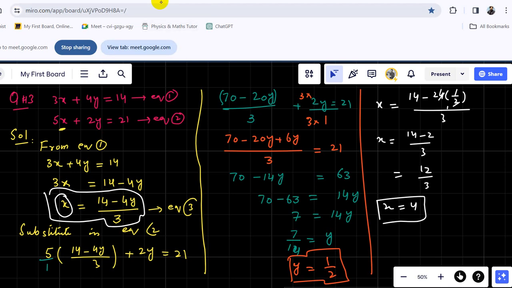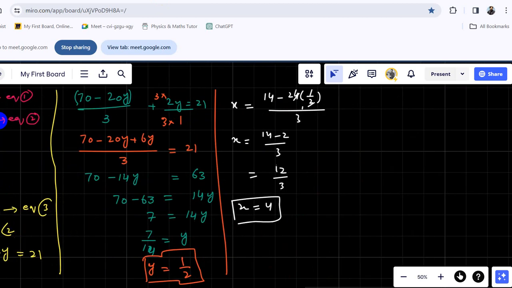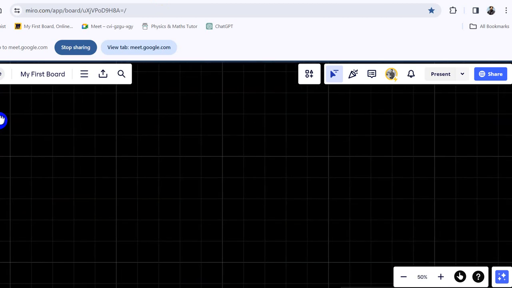Now we will solve a word problem here. Firstly, please be attentive. I'm going to write a statement here, and I would like you to convert the statement into equations. So let me write the equations here.